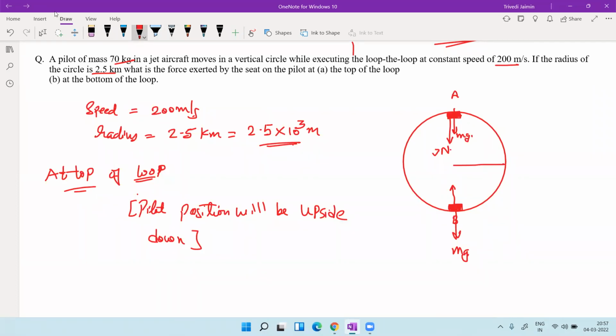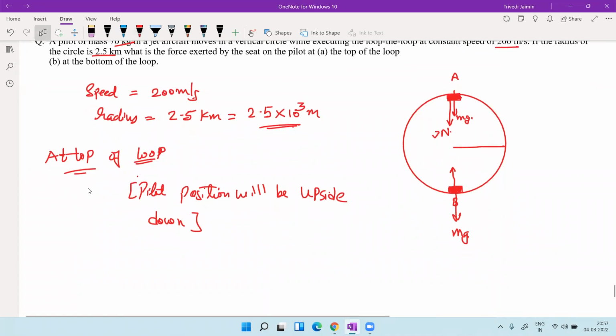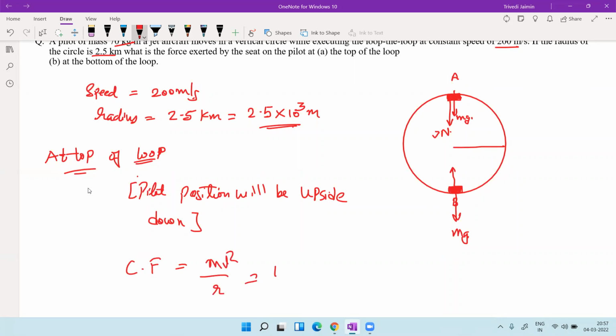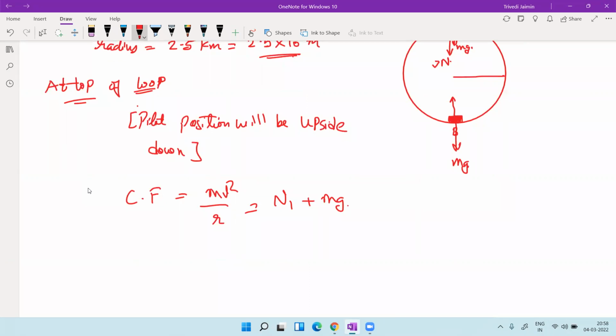Okay. Then let's go with the question now. At this position, centripetal force will be equal to mv square by r as usual. So here we have N1 plus mg. In short, centripetal force is equal to N1 plus mg.